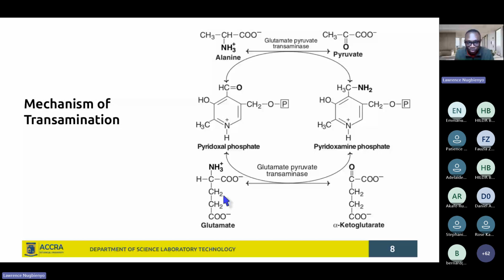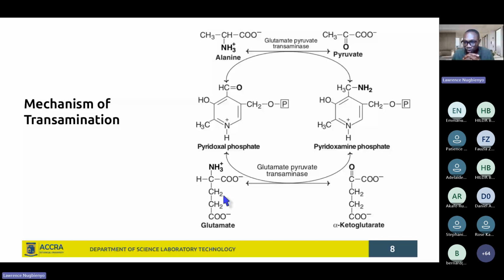So together with glutamic acid, they are responsible for the removal of the amine group from the amino acids, the process of transamination and deamination. You see that first the amine group goes onto alpha ketoglutarate, then that alpha ketoglutarate, after it receives the amine group, becomes glutamic acid. Then glutamic acid now undergoes the process of deamination. The amine group is removed. And you are also seeing the important function of the coenzyme vitamin B6, pyridoxal phosphate.